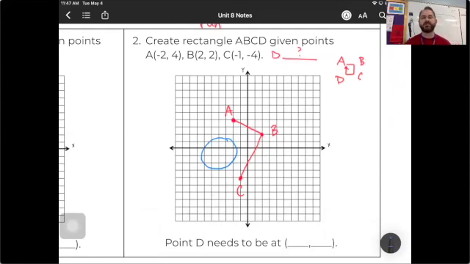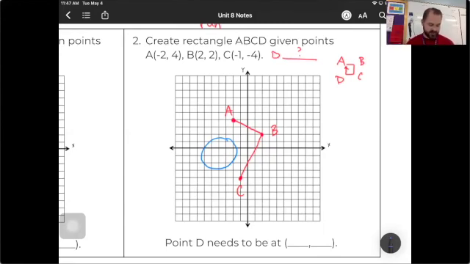I'm going to use my criteria for rectangles, or more importantly, parallelograms. In a parallelogram, opposite sides are congruent and parallel. That means they have the same slope. So all I have to do is repeat the slope triangle, rise over run, for one side on the opposite side.